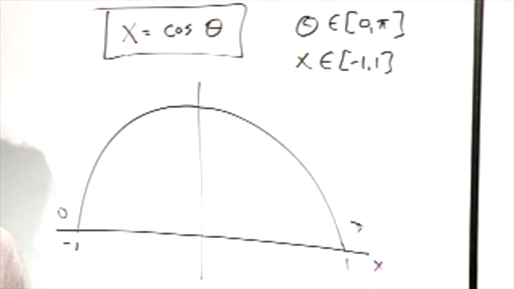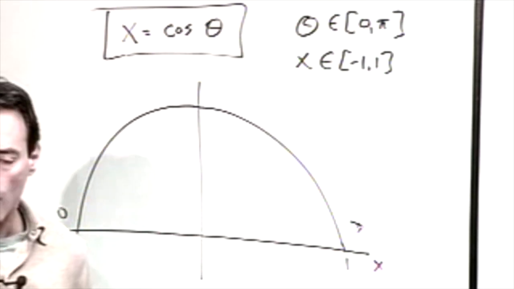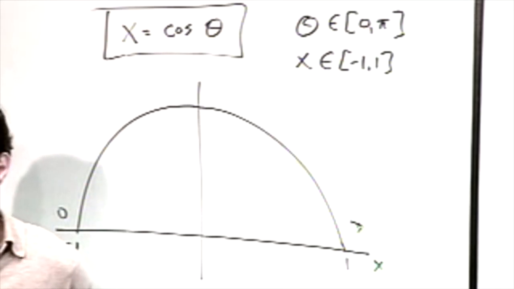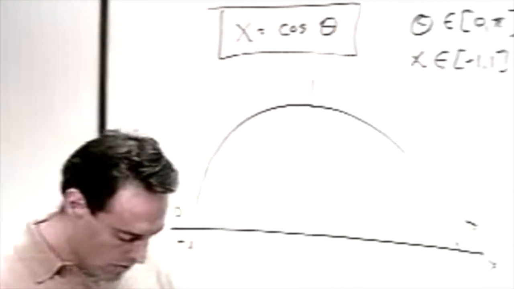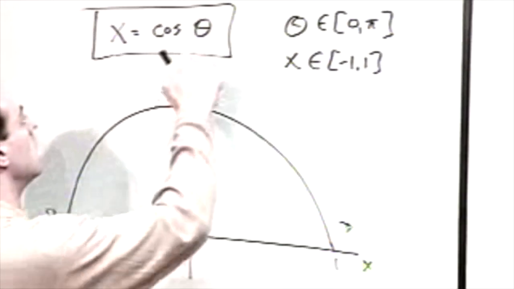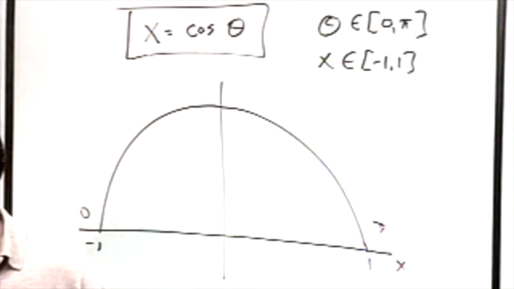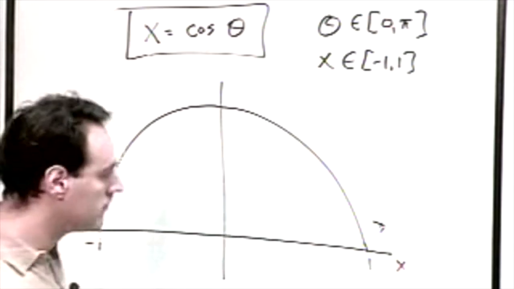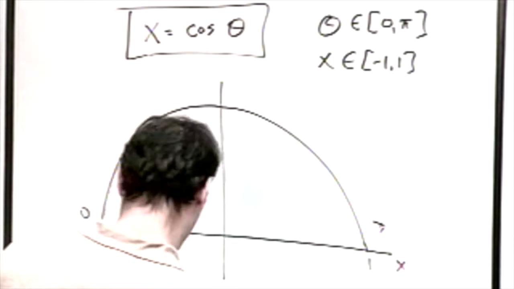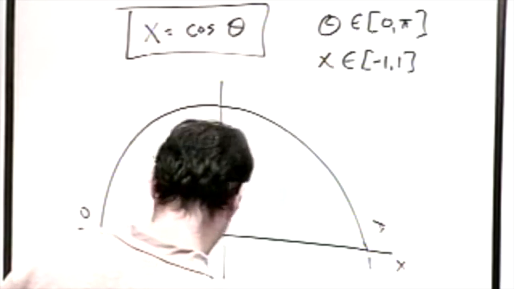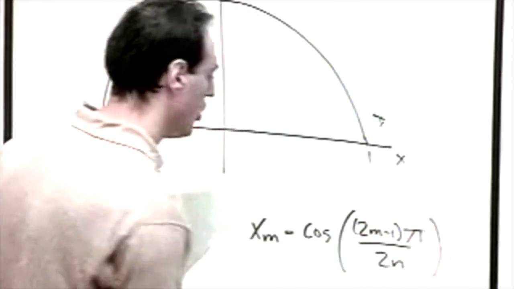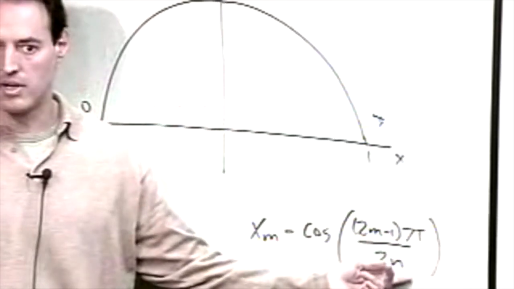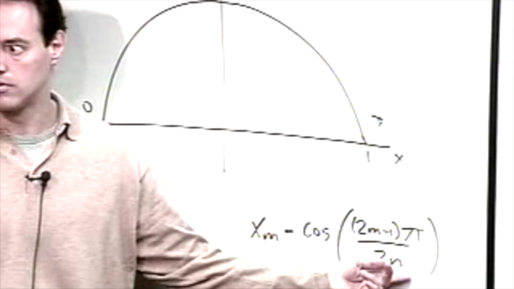Now here's the deal. When you do a discrete cosine transform, you break up the problem into a bunch of points, right? You say, okay, what I want to do is I want to break up theta into a bunch of evenly spaced points. So when you do that, think about what happens here under transformation. You break up theta into a bunch of evenly spaced points.